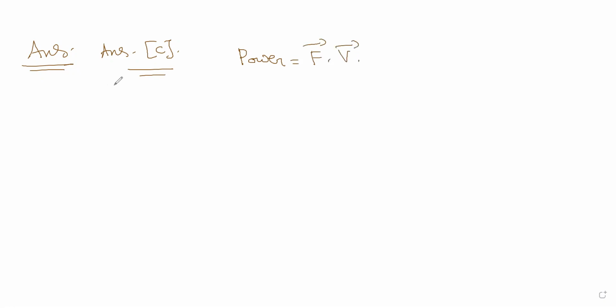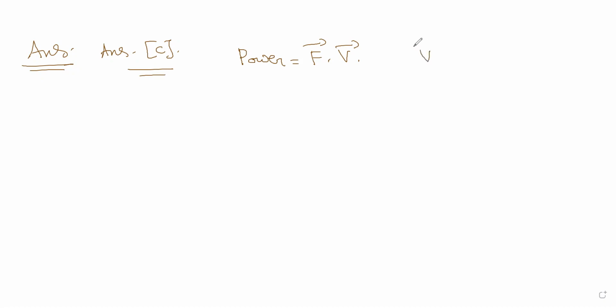So option C is the right answer. You can mark it. How to solve this? Here we use the concept that power is the dot product of force and velocity, F bar dot V bar. Now we need to find V bar.